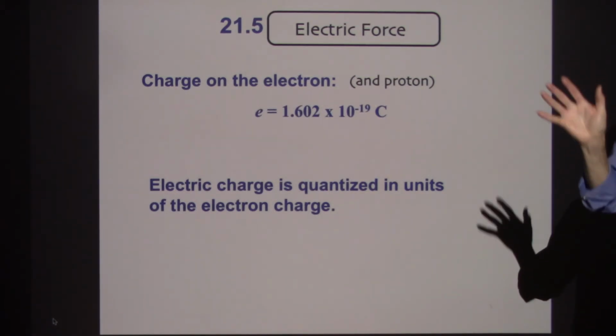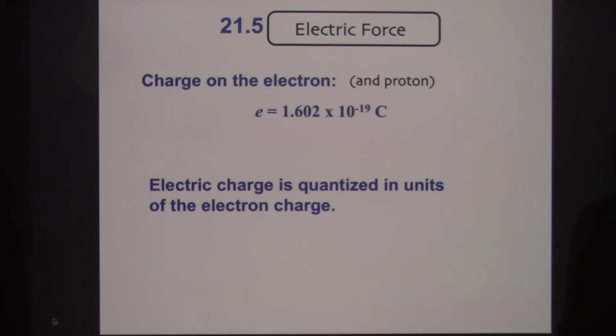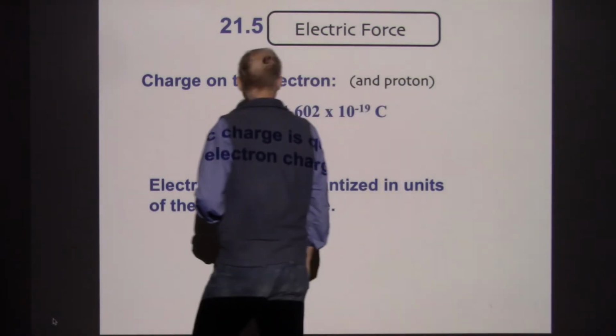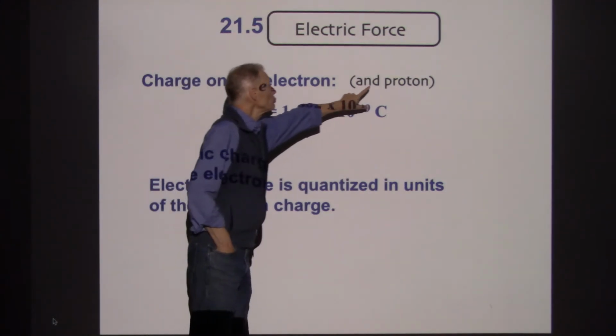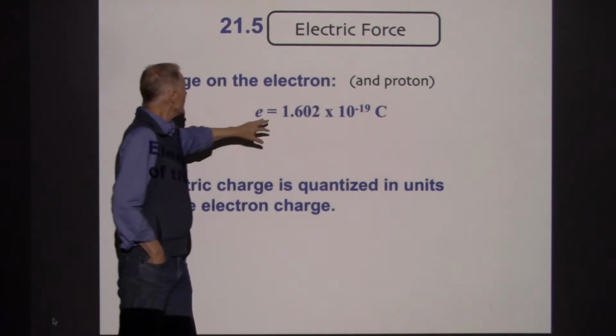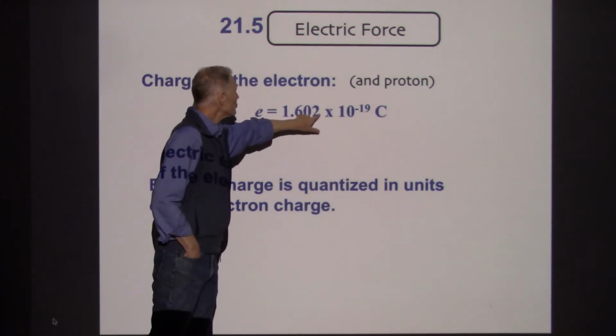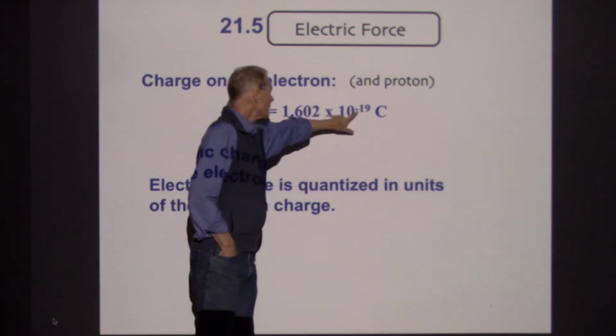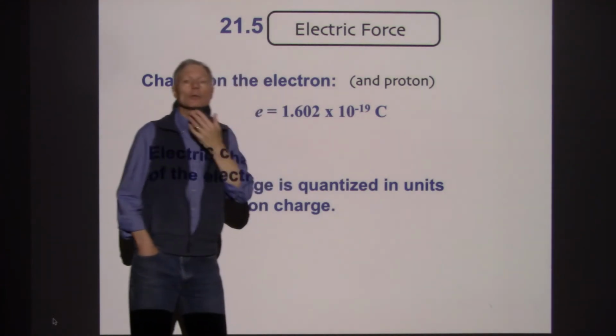And as best we can measure, and these measurements have been done really carefully, that's what we find. So the charge on a proton, and I'm going to start with the proton because that's the one that's positively charged, is 1.602 something times 10 to the minus 19 coulombs.